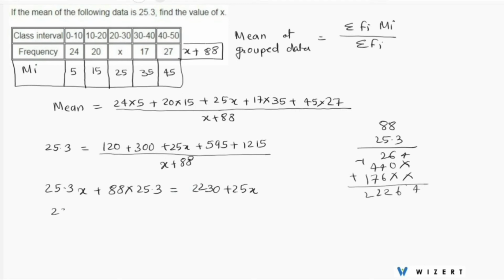We get 25.3x plus 2226.4 equals 2230 plus 25x.